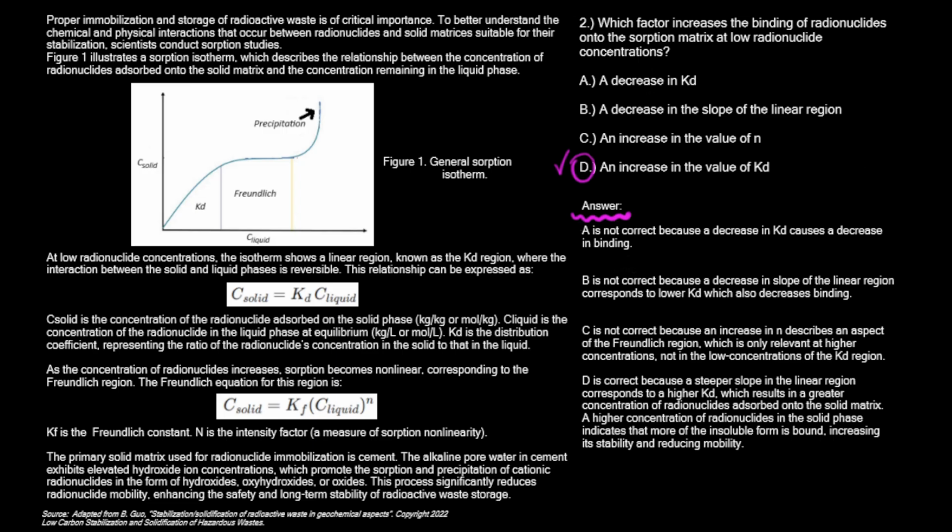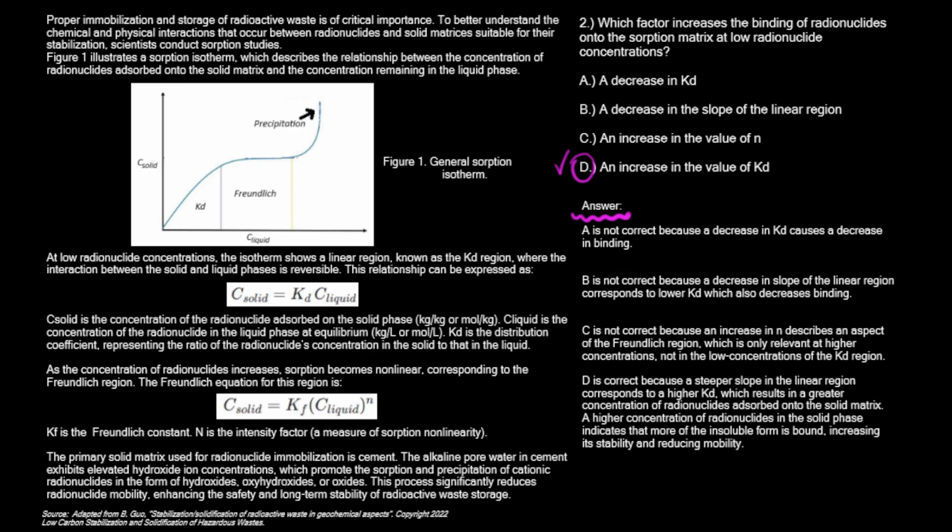And option A is wrong because a decrease in Kd results in a lower C solid, or a decrease in concentration of the solid radionuclides, which translates into a weaker binding. Option B is wrong because of the same reason as A. A decrease in the slope corresponds to a decrease in Kd, and a decrease in Kd results in a decrease in the variable C solid, which also means a weaker binding.